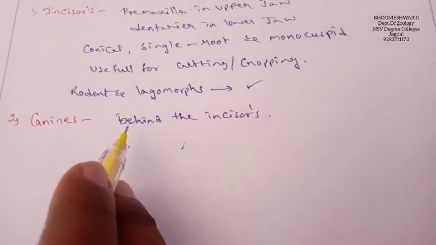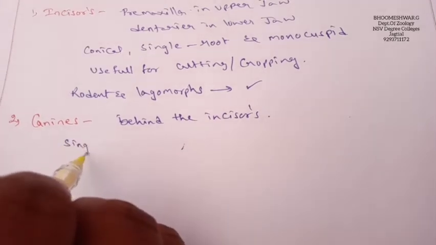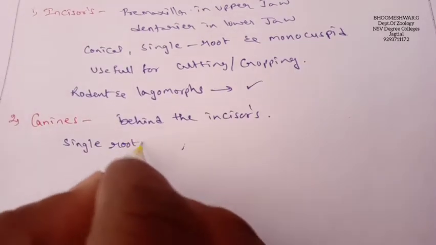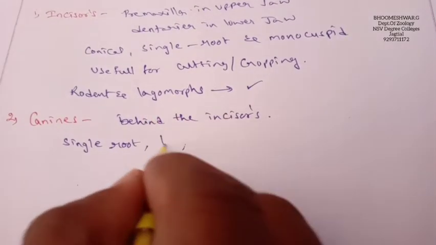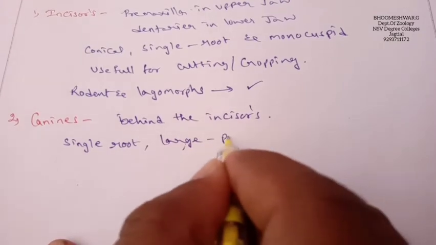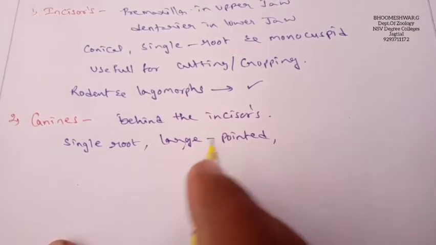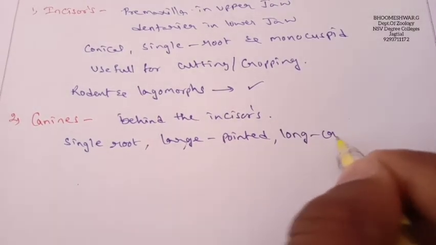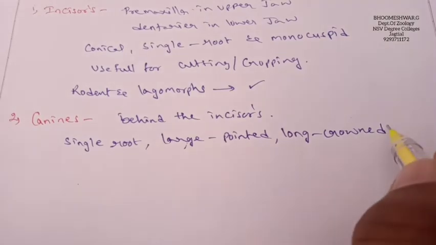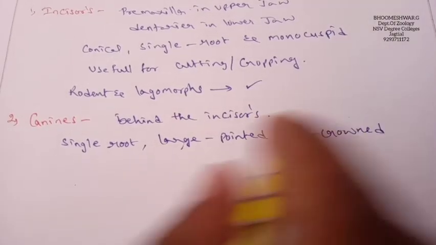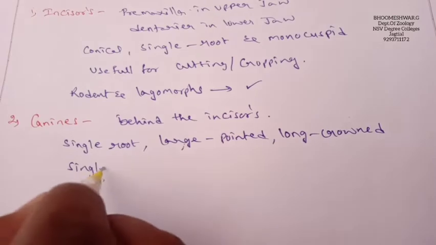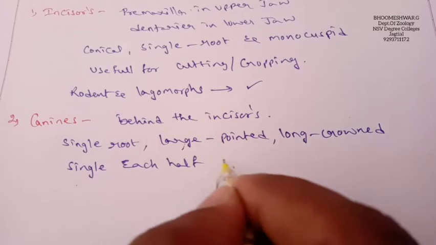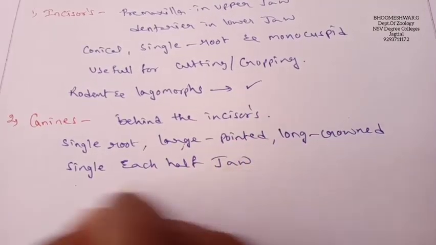At the same time, canines have a single root, and they are large in size and pointed in shape. A long crown is also present, and they are single in number, present in each half of the jaw.